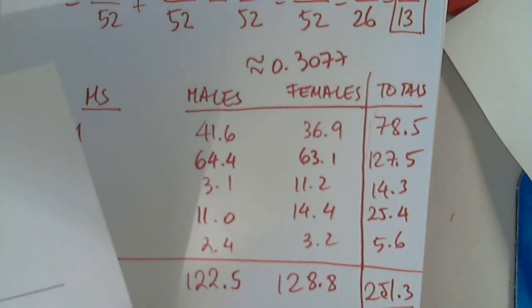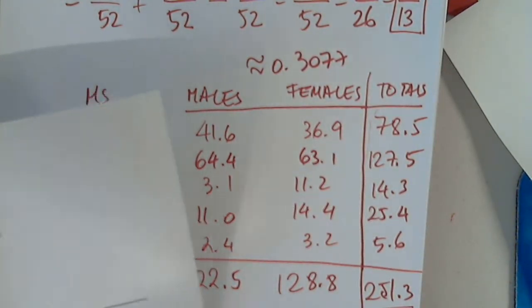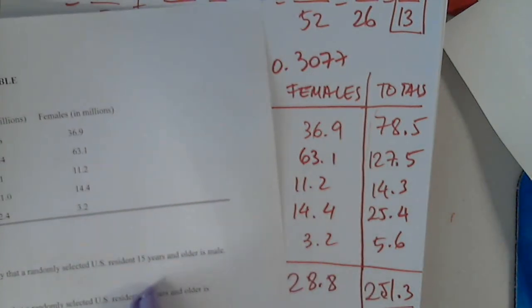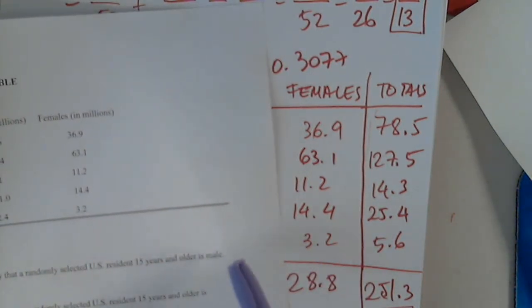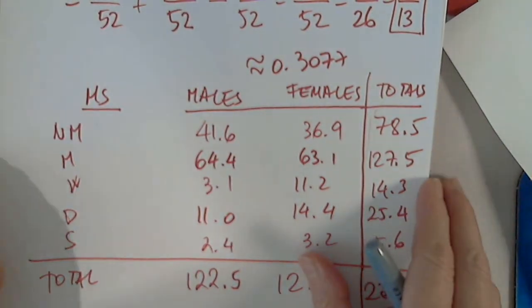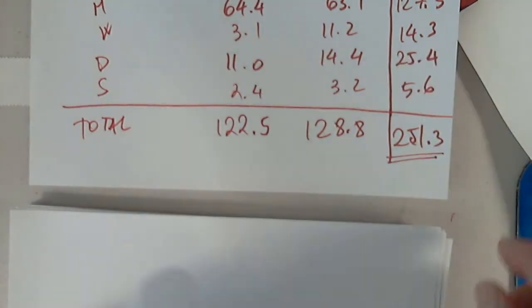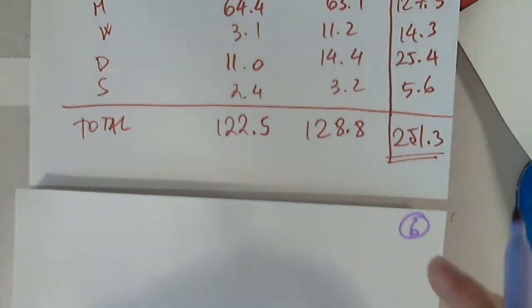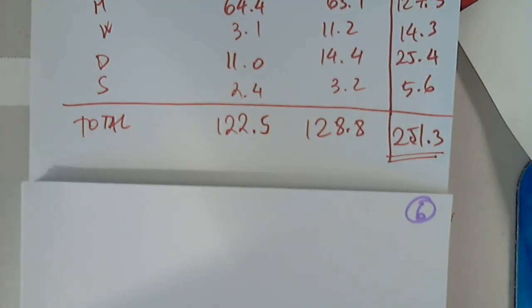First question is, determine the probability that a randomly selected U.S. citizen, resident, whatever, 15 years and older, is a male. So again, we're going back to frequencies. This is not the thinking method. I'm not thinking what can happen. I have the data. So when I have the data, I have to use the frequencies.